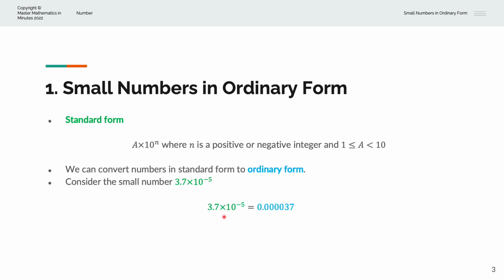And so we have 3.7 times 10 to the power of minus 5 as equals to 0.000037 in ordinary form. So if the decimal is between the digits 3 and 7, multiplying by 10 to the power of minus 5 is where we move the decimal to left by 5 digits. So with 1, 2, 3, 4, 5, giving us the number as required.